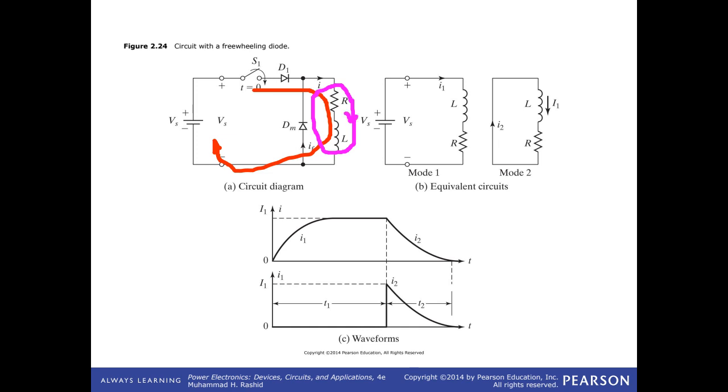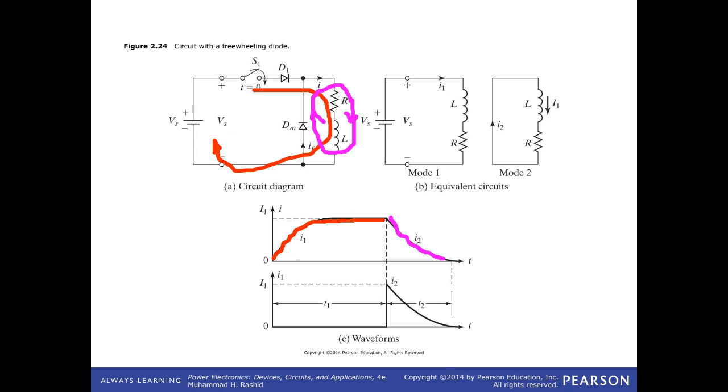That is the current. I derived those equations for you. I remember that. The red one, that is the diode current, this one.